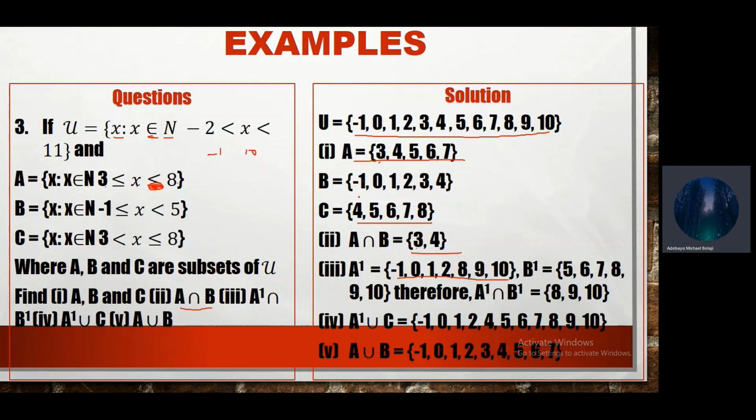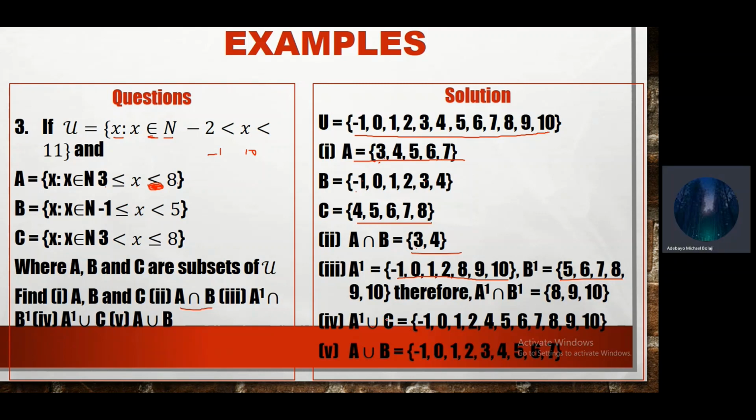Same with our B. All the elements here are in the universal set, but not in set B. Now, finding the intersection means finding those things that are common. What are those things common? 8 is common, 9 and 10. So A complement intersection B complement is 8, 9, 10.